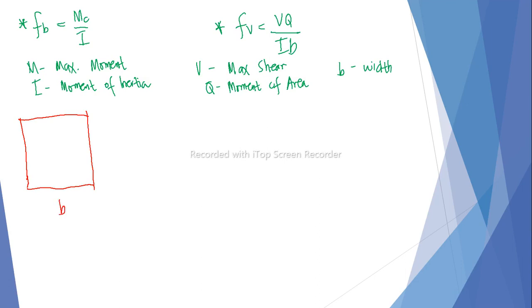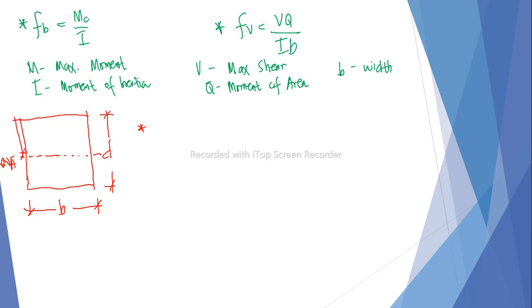Let's say this is the base B and the height is D. The neutral axis is at the middle. This is the neutral axis.